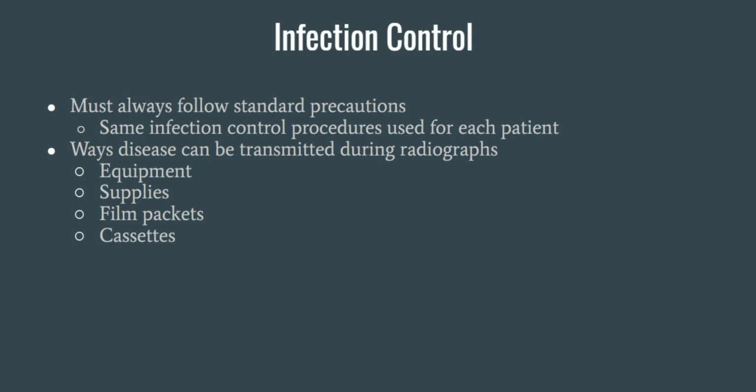It's not necessarily direct contact, it can be indirect. If you have that cassette or that film packet and you hand it off onto somebody else who doesn't have gloves on, and they didn't know that you hadn't wiped it down or it wasn't disinfected yet, you've now transmitted that disease to that patient or that potential disease.